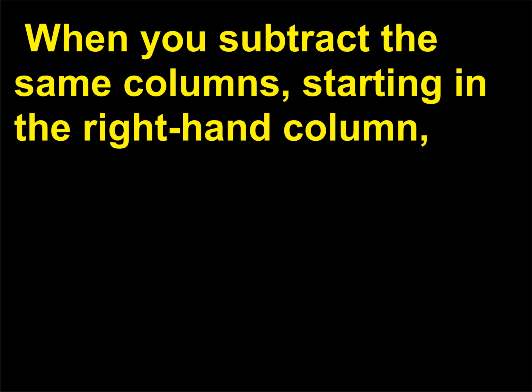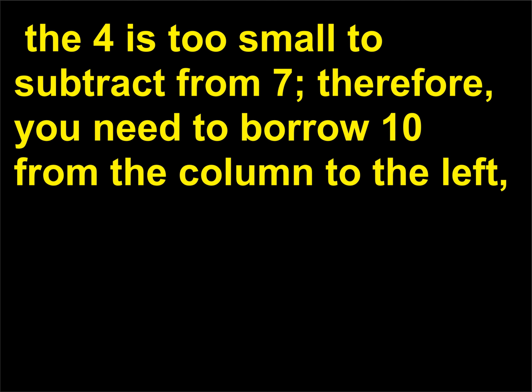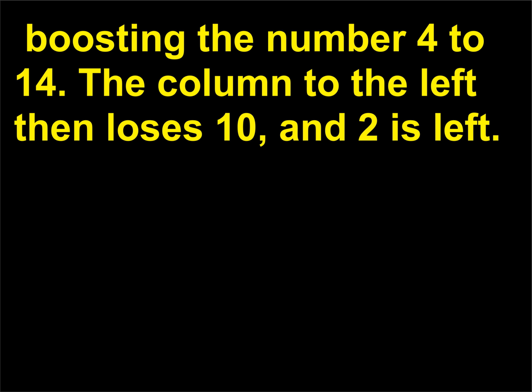When you subtract the columns, starting in the right-hand column, the 4 is too small to subtract from 7, therefore, you need to borrow 10 from the column to the left, boosting the number 4 to 14. The column to the left then loses 10, and 2 is left.